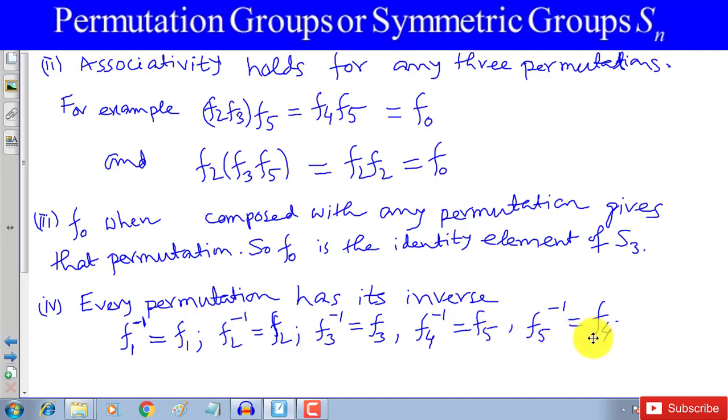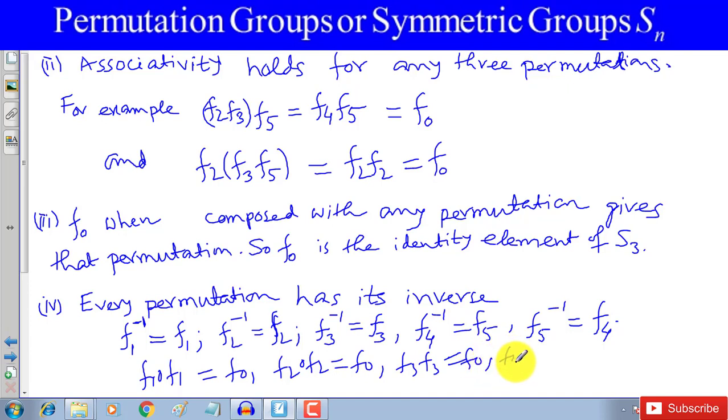Since f1 ∘ f1 = f0, f2 ∘ f2 = f0, f3 ∘ f3 = f0 from the table, and f4 ∘ f5 = f0 and f5 ∘ f4 = f0.